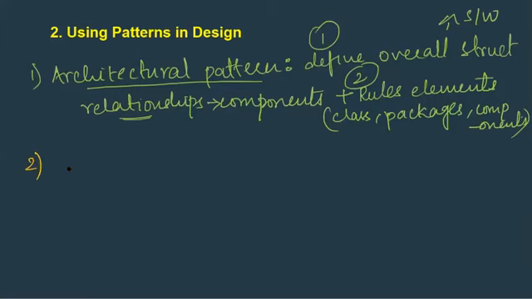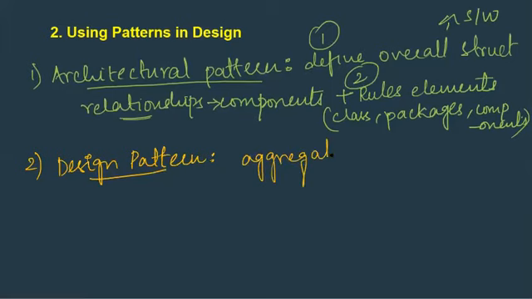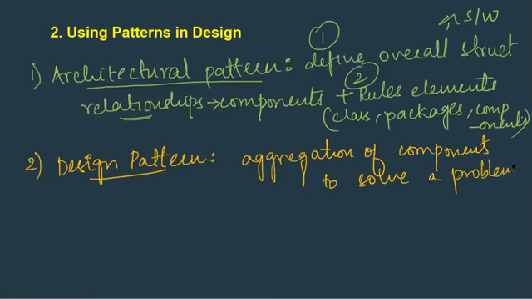The next pattern that you're going to use is called the design pattern. Now within this design pattern, it is going to address a few specific elements of design, like the aggregation of components to solve a problem.